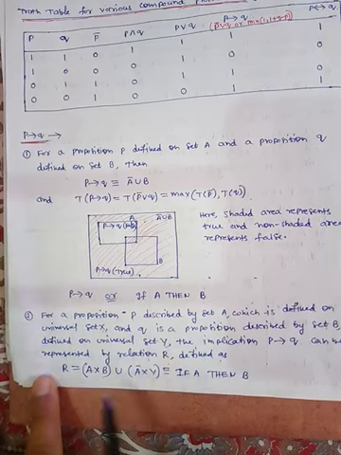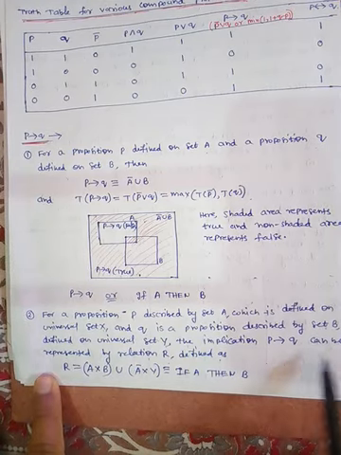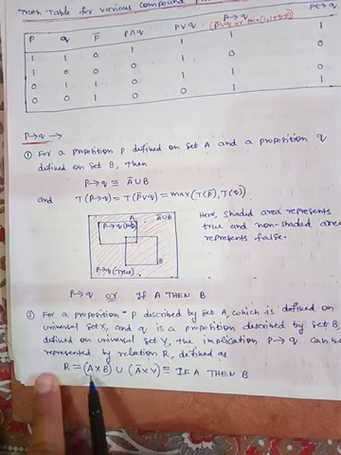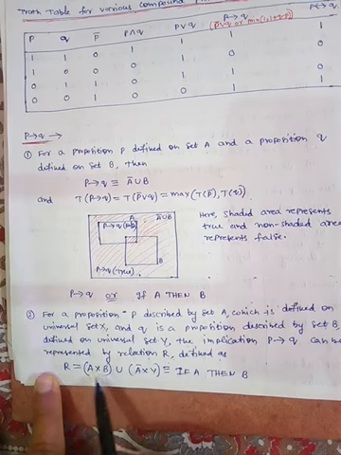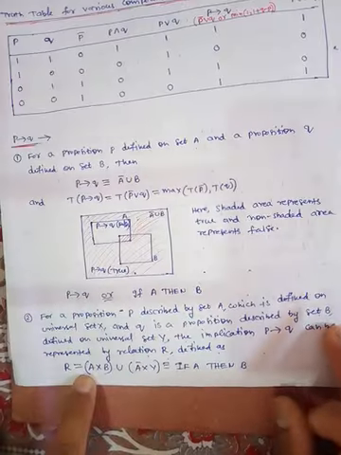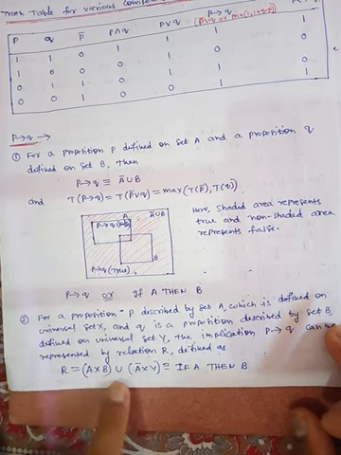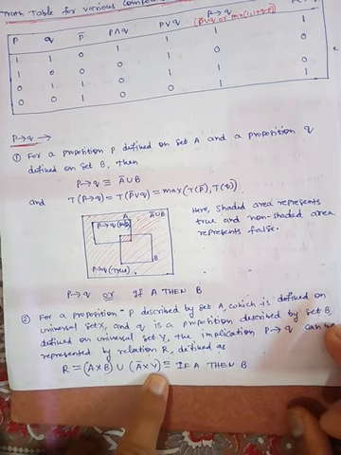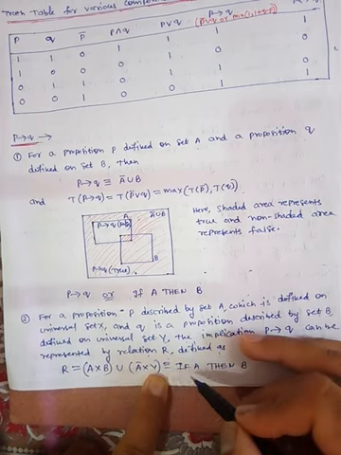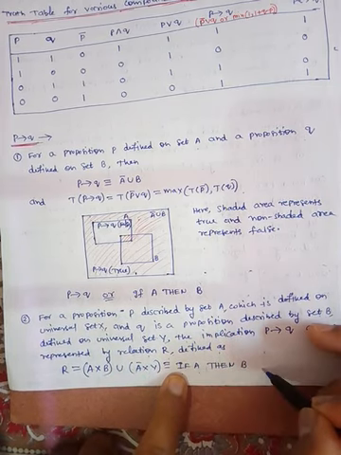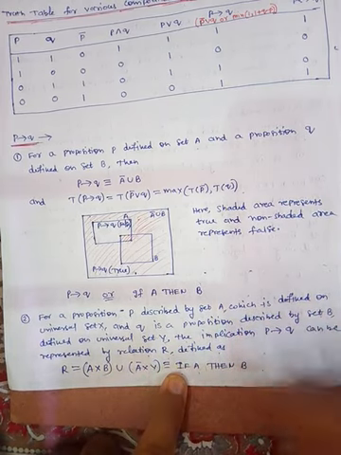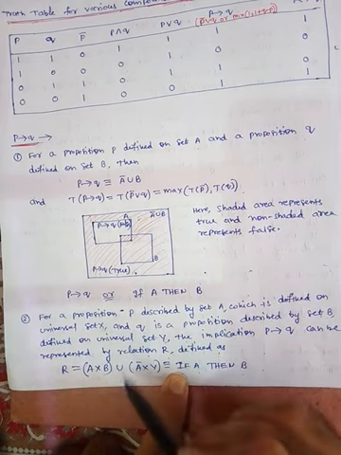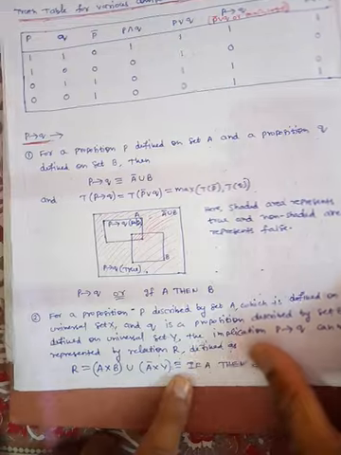So the implication P implies Q can be represented by the relation R, which is R equal to A cross B, the Cartesian product of A and B, union A bar cross Y. This is equivalently written as if A then B. Here the relation is given by A cross B union A bar cross Y.